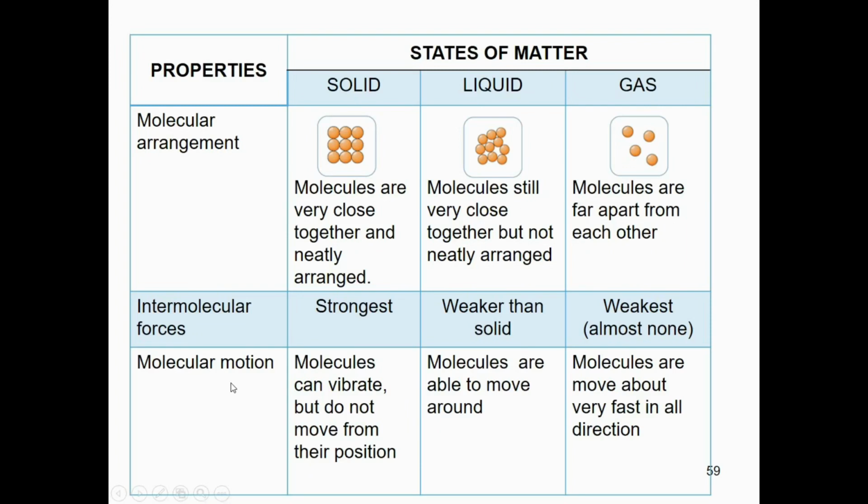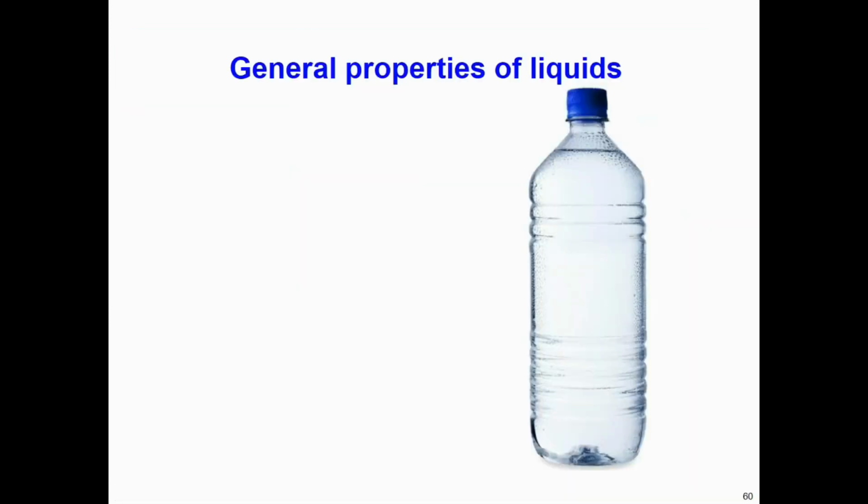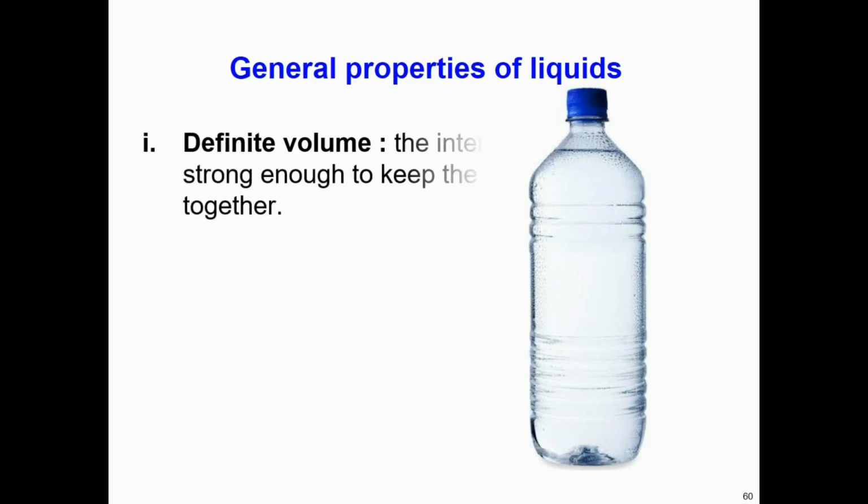For molecular motion, in a solid, molecules can vibrate but do not move from their position. For liquid, molecules are able to move around. But for gas, molecules move about very fast in all directions, meaning that they are free to move around. Now let's look at the general properties of liquids.